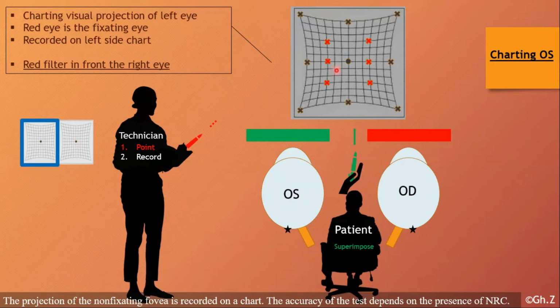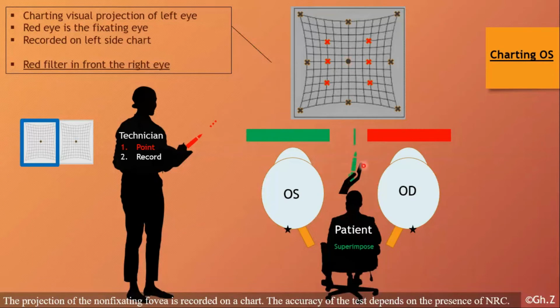Let's say she, because this is like a silhouette of a woman. So she is pointing at the central point of fixation. Suppose she is pointing at the center here. She instructs the patient to superimpose.